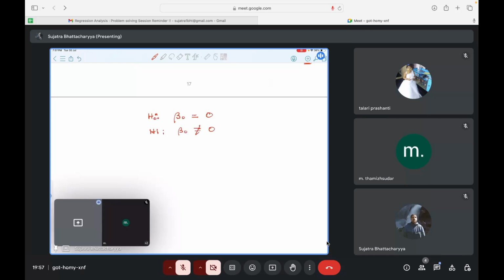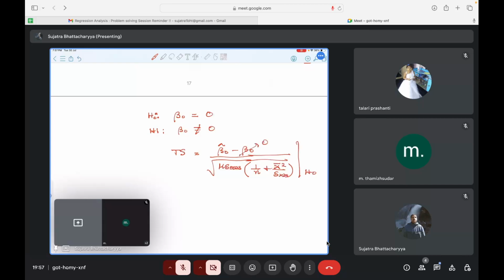In that case, what will happen? Your test statistic, as I have told you, while doing hypothesis testing, will always follow the null hypothesis. Just write the test statistic and proceed. So it will be 1 by n plus x bar square upon Sx. At null hypothesis, beta naught is 0.